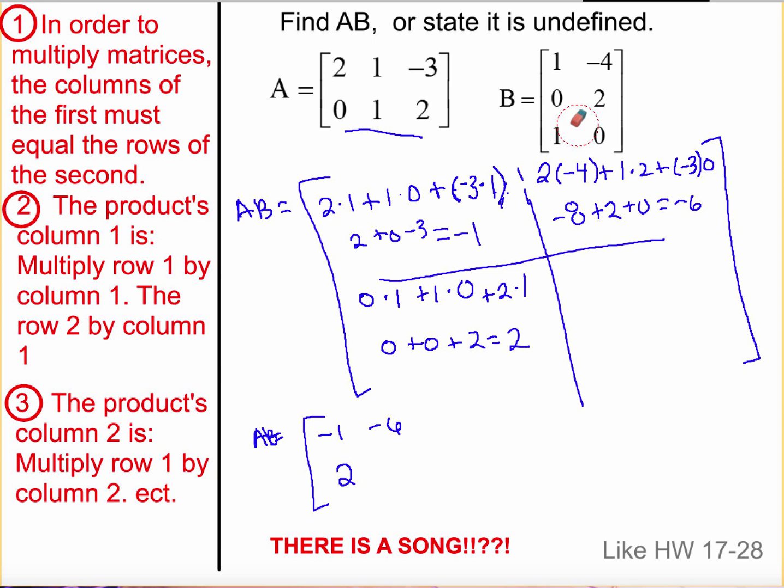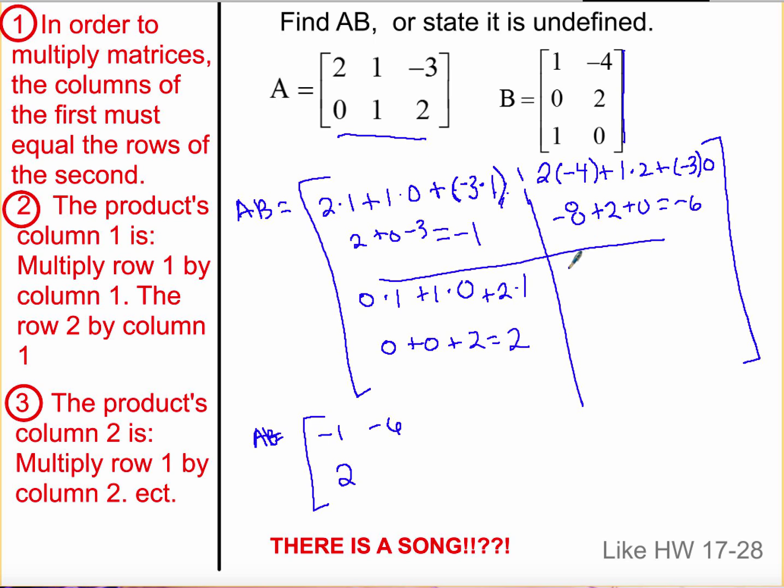This time I'm going to be multiplying because I'm trying to find the second row, the second column. So I'm going to use the second row and the second column here. Multiply the elements that are in each position.